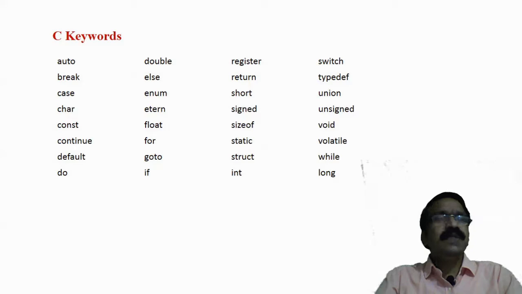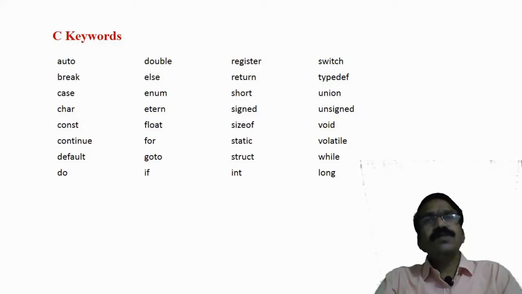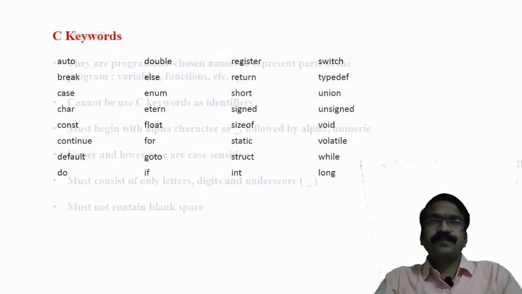All these are keywords, or special words whose meaning is already defined to the C compiler. These words we should not use as variables or as constants. We will not use keywords as variable names. They are simply special words and we use them for a special purpose only.